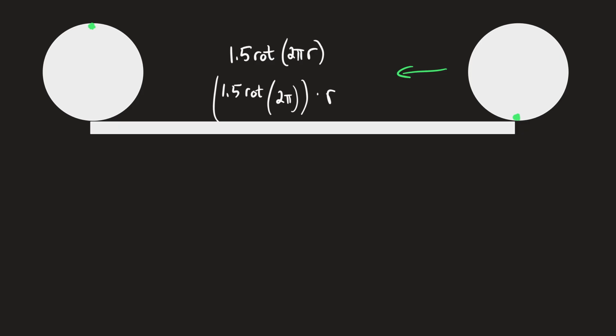What is the conversion from rotations to radians? So this is actually taking our rotations and converting it to radians. You guys see that? Times r.